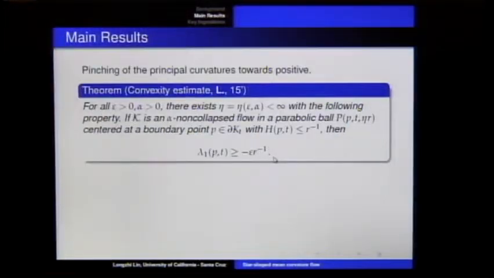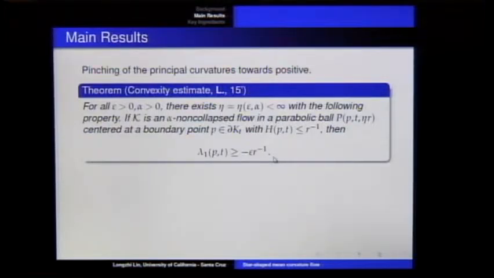Right. So from here, once you have the local curvature estimates, then you can actually prove the so-called convexity estimate.